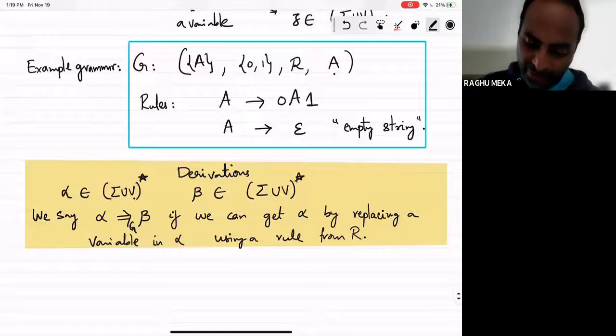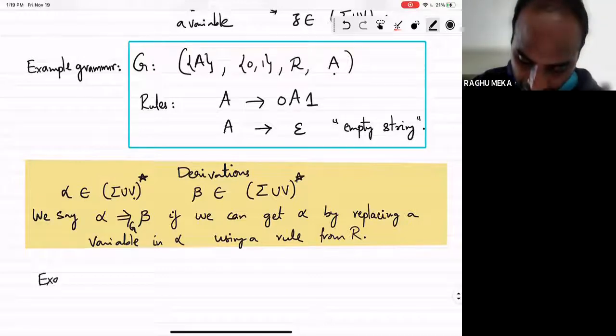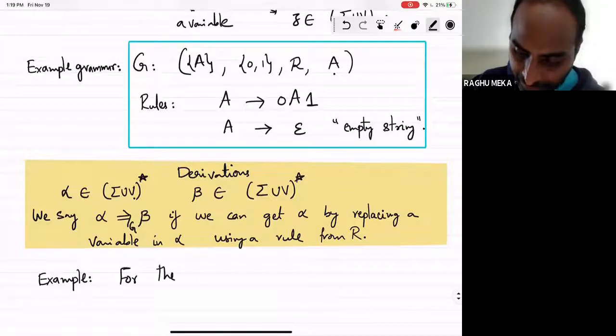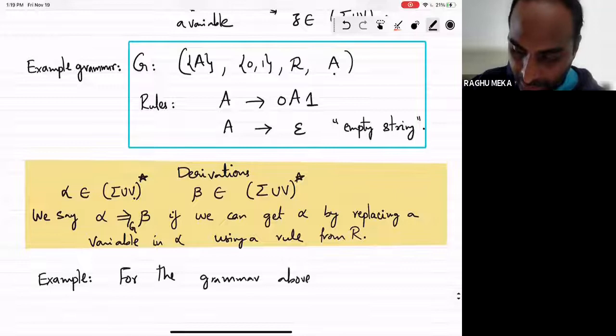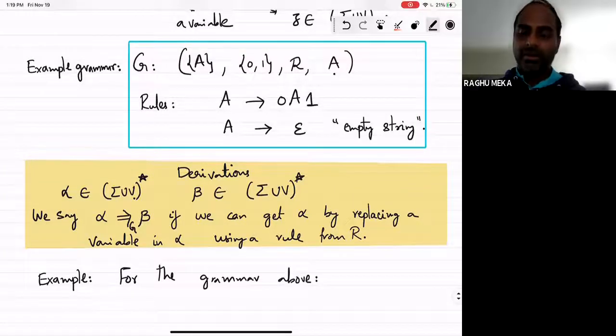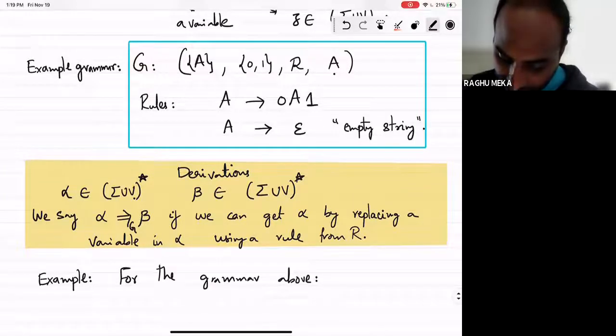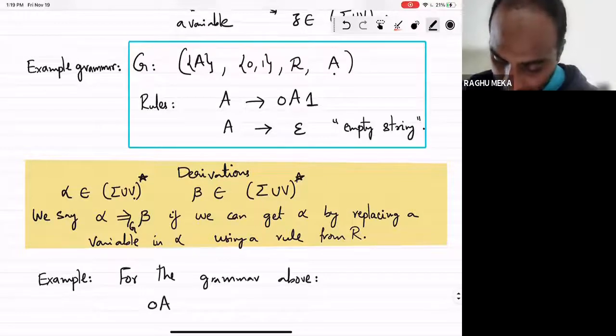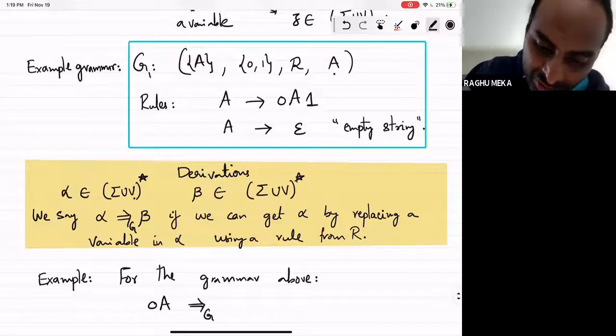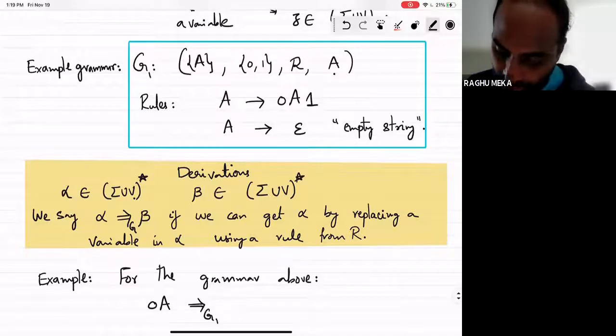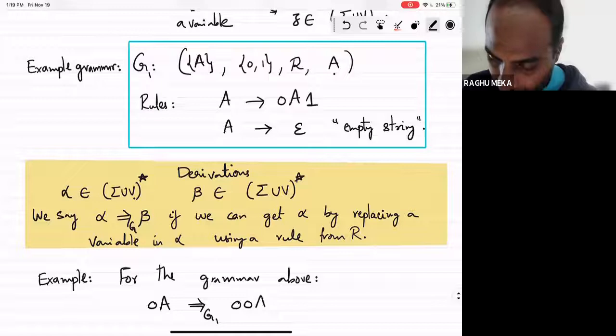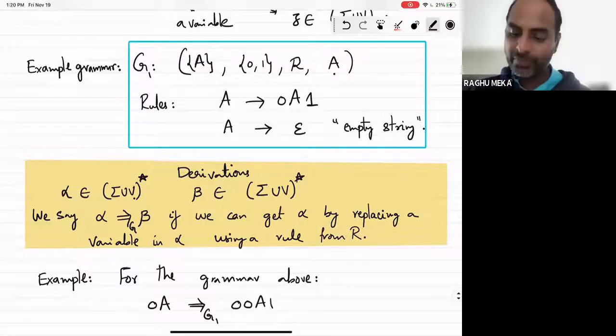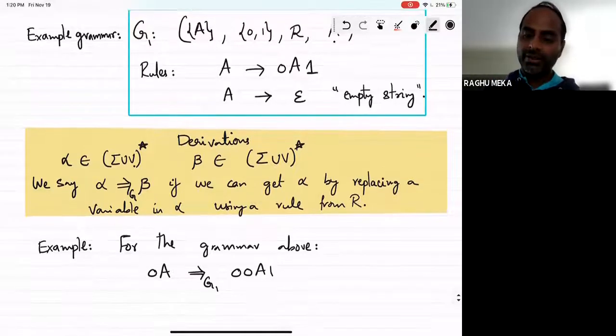Okay. So for example, for the grammar above, which let me call G1, I can say that the string 0A implies 00A1, right?